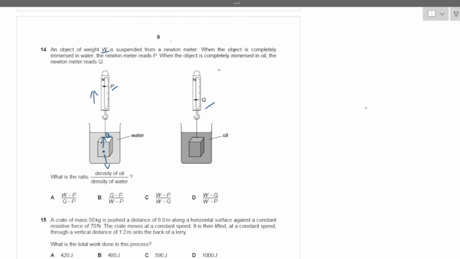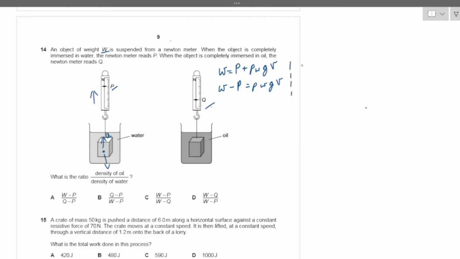So the downward force, weight, must equal the upward forces, P plus the upthrust. Upthrust in this case would be rho g V of the density. Let's take rho W into g into V. Similarly, we can rewrite this as W minus P equals rho W g V.